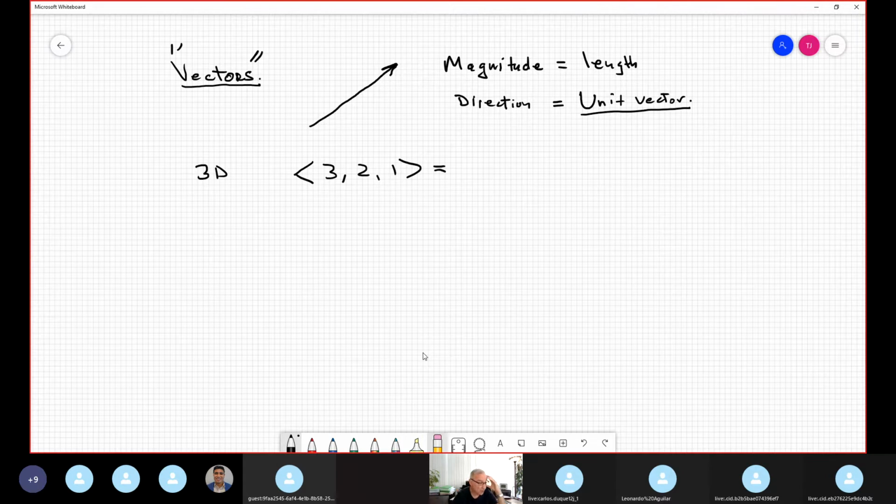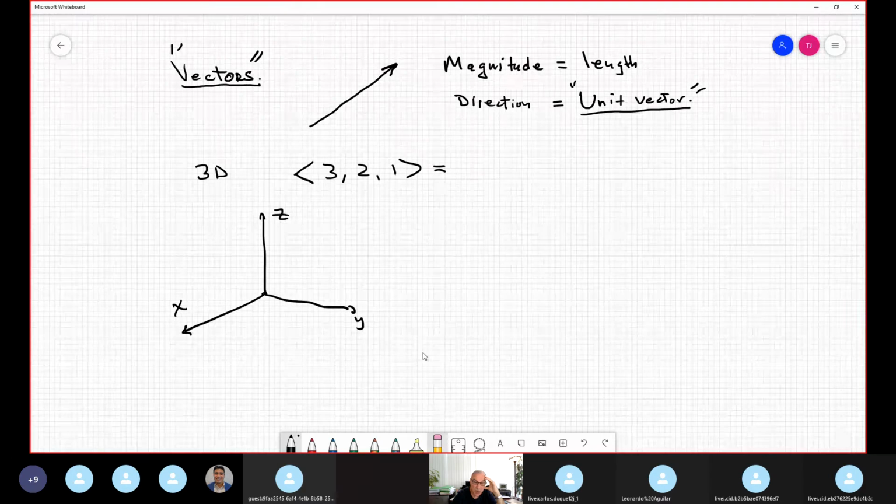Now, to understand this idea, we come back again to our famous rectangular coordinate system. This is Z. So we have a unit vector in the direction of an axis, for example. A unit vector is a vector whose magnitude is 1.